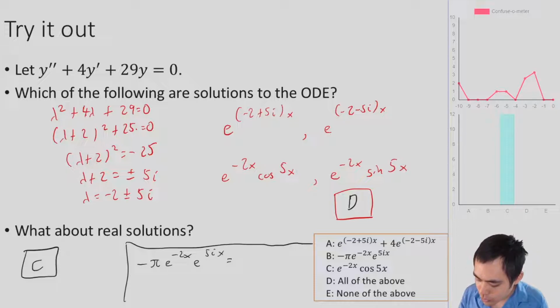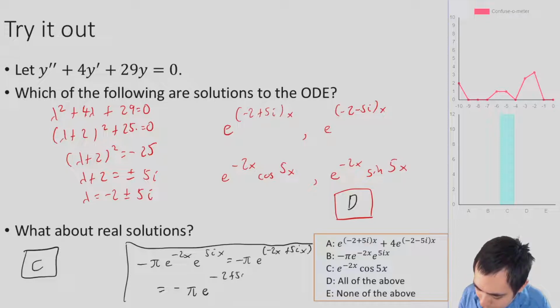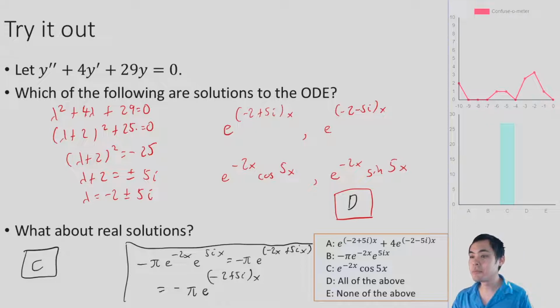So this is equal to minus pi times e to the minus 2x plus 5ix, because when you multiply together two exponentials with the same base, you add together their exponents. And so this is equal to minus pi e to the minus 2 plus 5i times x. And of course, that is the correct form.